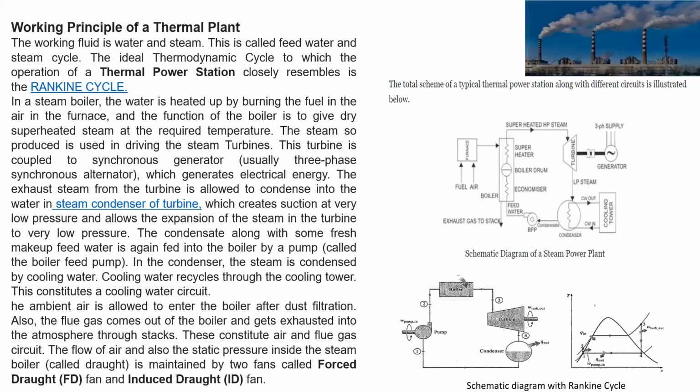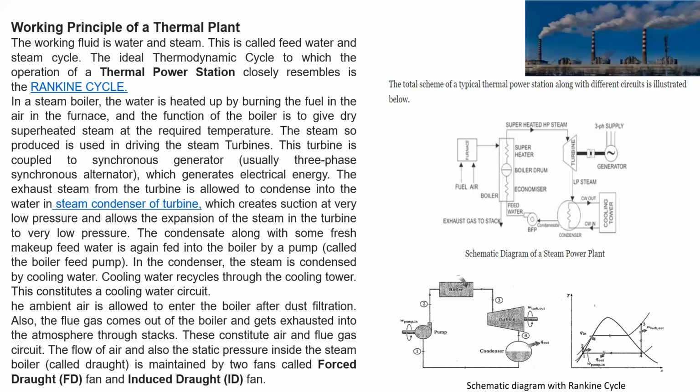The working fluid in the thermal power plant is water and steam. This is called the feed water and steam cycle. The ideal thermodynamic cycle which the operation of a thermal power station closely resembles is the Rankine cycle. Any device or engine has some cycle, and based on that cycle, the device runs or operates.